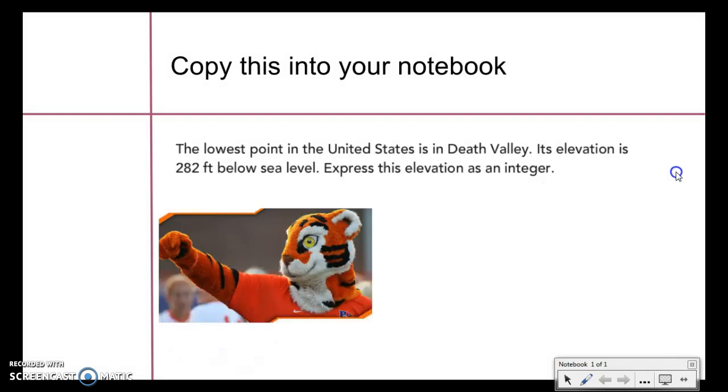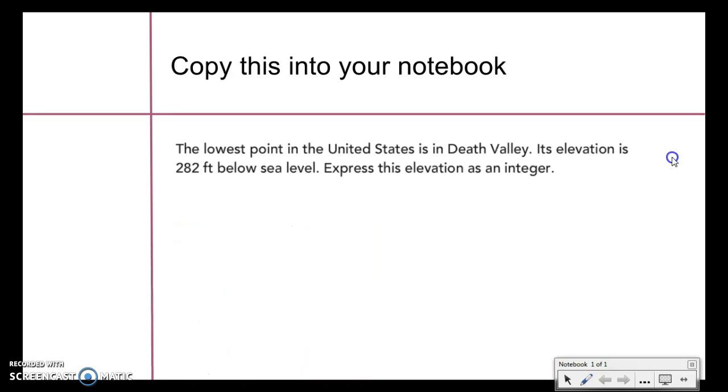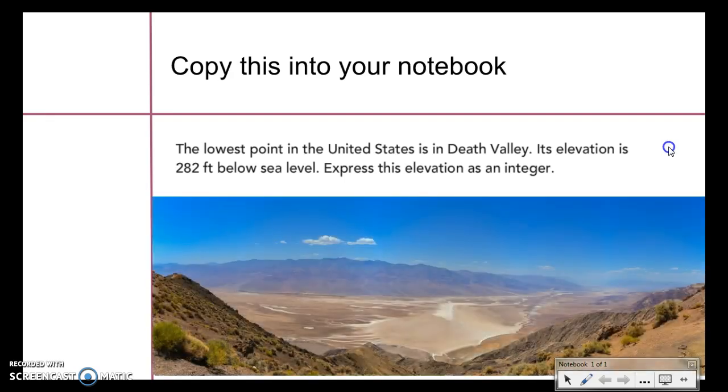Alright, so copy this into your notebook. The lowest point in the United States is Death Valley, not the cliffs in Death Valley. I'm talking about the Death Valley that's out in California. Its elevation is 282 feet below sea level. So we've got to express this using integers.